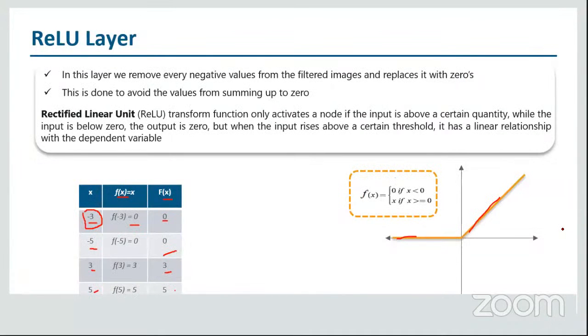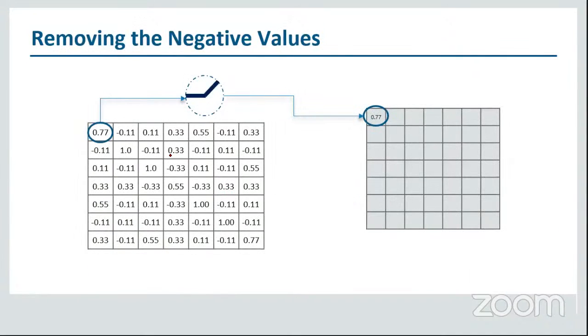From my individual layer, I opt out all negative values by replacing them with 0. Therefore, in this case, I have positive, positive, this is a negative, it becomes 0. Again positive, which is 0.11 only, 0.33 only. This is the next one which becomes 0.